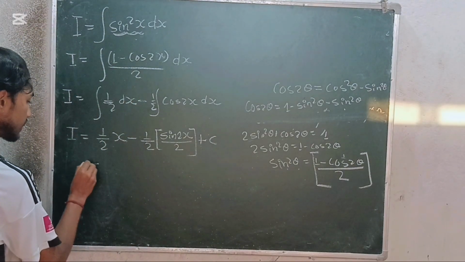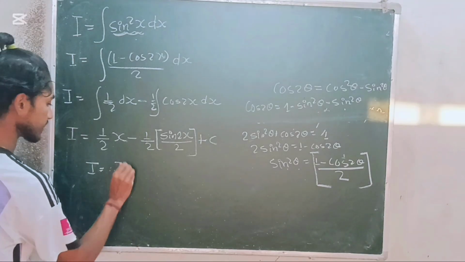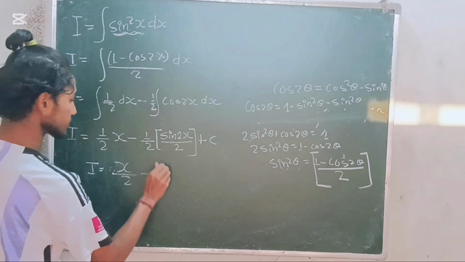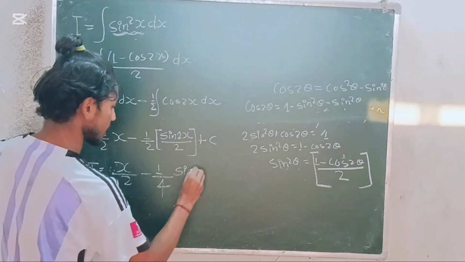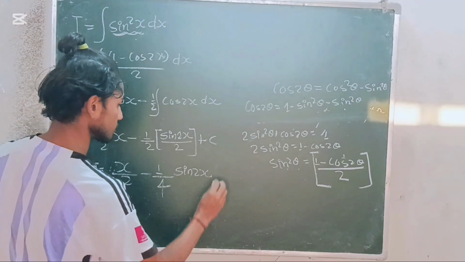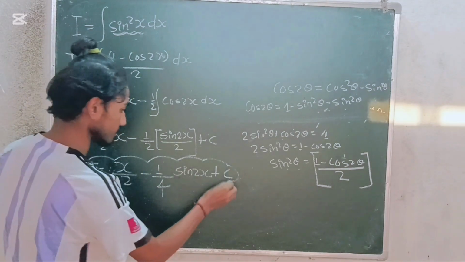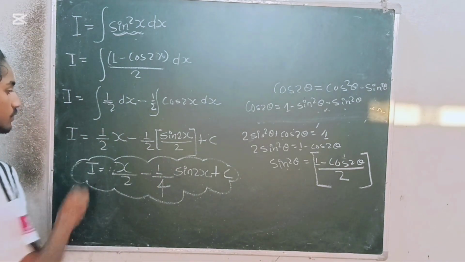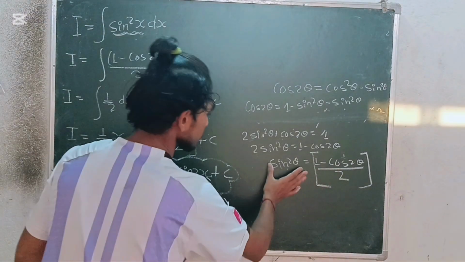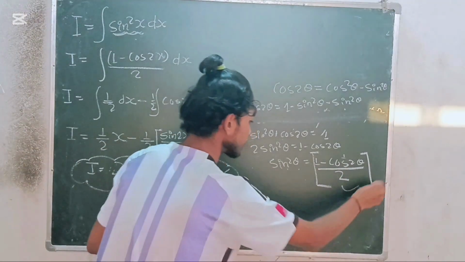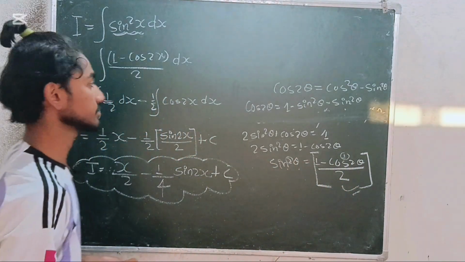So I is x over 2 minus 1 over 4 sine of 2x plus c. This would be our final integral. It is easier to use the identity, which has just power 1, in place of the power 2 relationship.